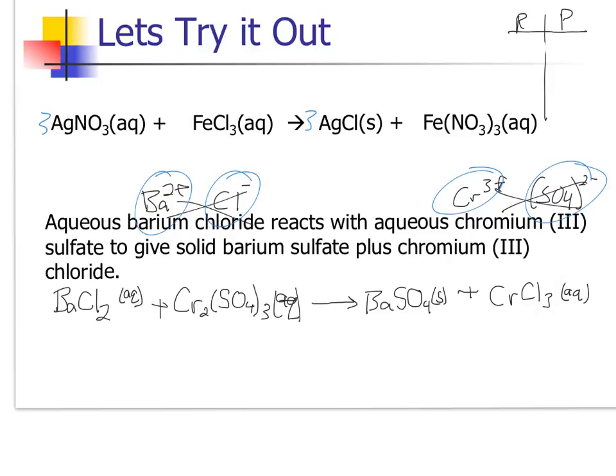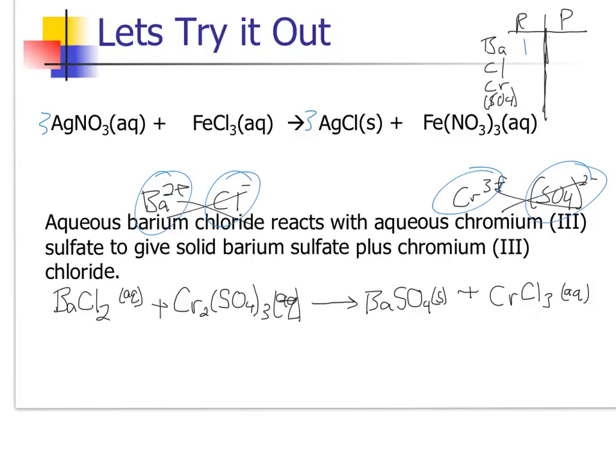Now we have to ask ourselves, is it balanced? No, it's not. So I'm going to just piggyback off my chart that's up top in the corner here and see that I have a barium, a chlorine, a chromium, and I'm going to use the sulfate in parentheses since it's on both sides.